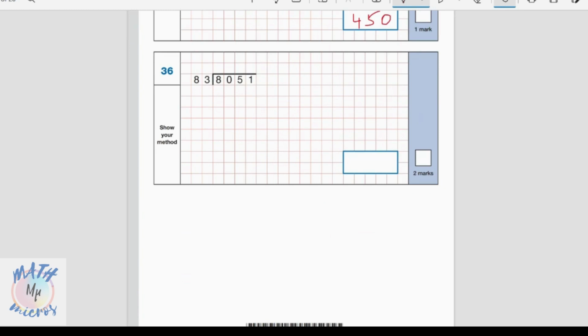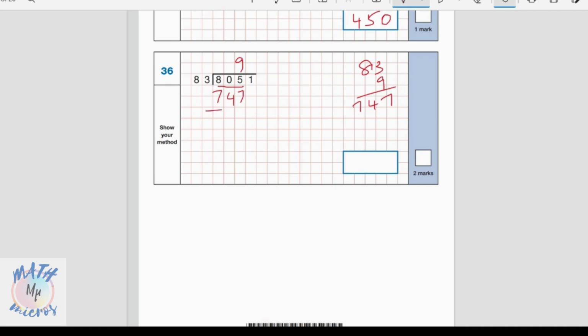36th question. 8051 divided by 83. So we know 1 times 83, you cannot do. So 83 times 10 becomes 830, but we have 805. So let me try 83 times 9. So when I try that, I get 747. All right. So I'm going to put 9 here and 747.